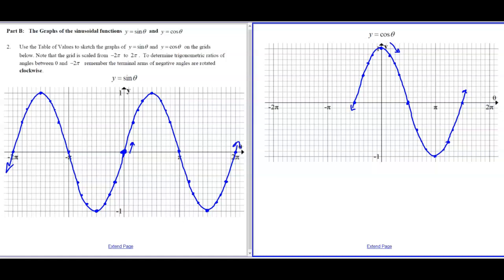This line here, that basically cuts it from mountains and valleys, is called the midline. Okay, then the midline value in this case would be 0. Sometimes we call it the median line. And then the amplitude is the distance from that midline to its max or to the min.